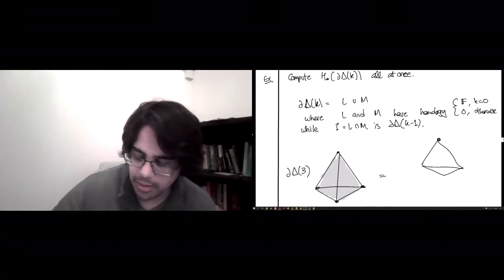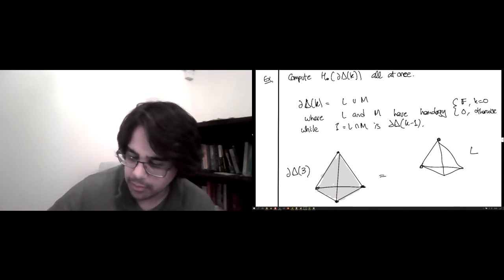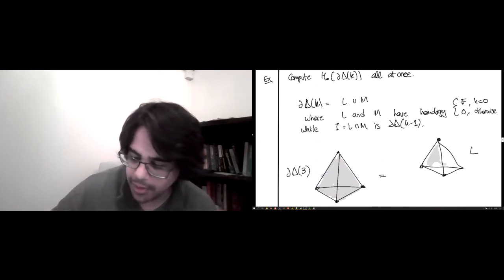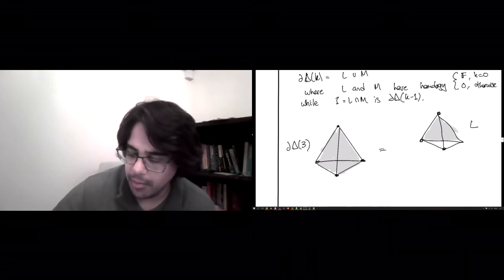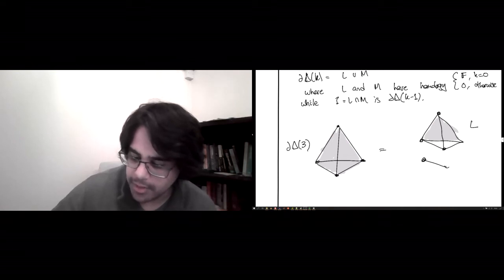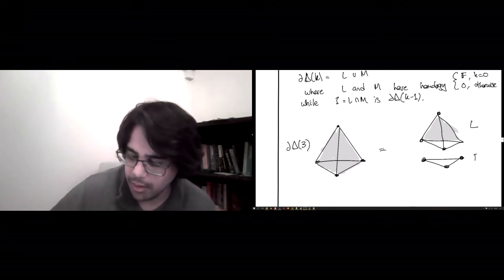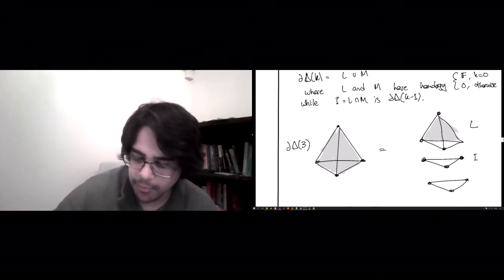So this is just the top vertex. Let's call it L. This looks like it's the whole thing, but we're missing the bottom cap. So the bottom cap is this, just that I, and then here is M.